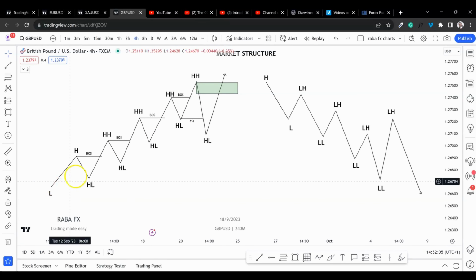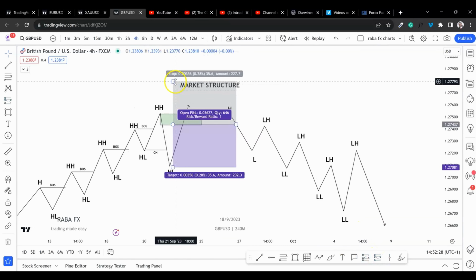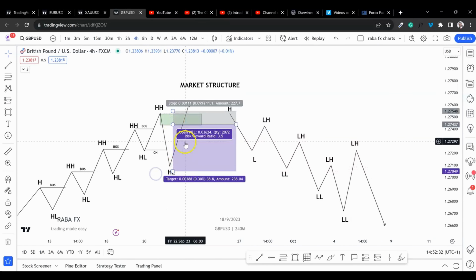All this while we have been bullish up till we broke this low, and in your mind you think that this is a break of market structure. No, think again. This is what I'm about to show you. You look for a trade in here, you set your limit order, you come here and you sell, and what happens?